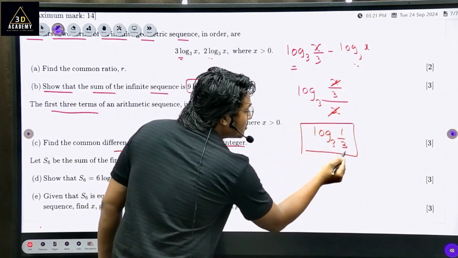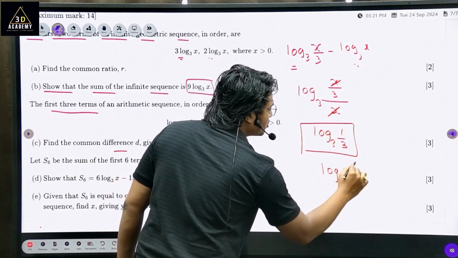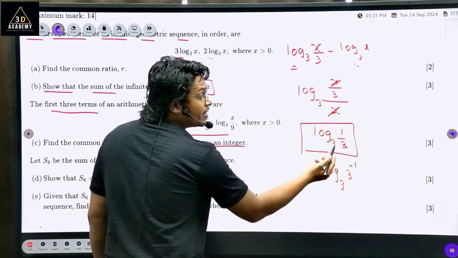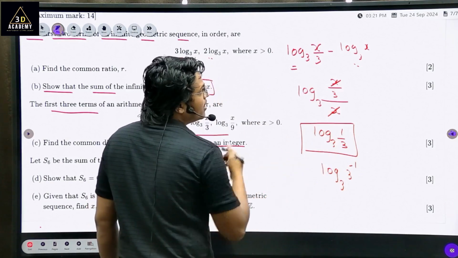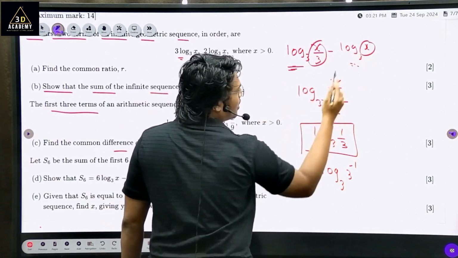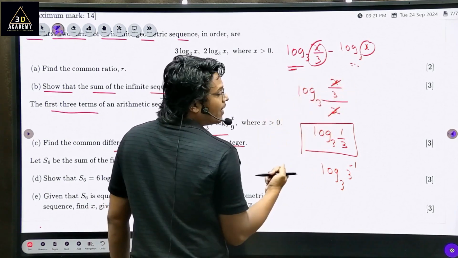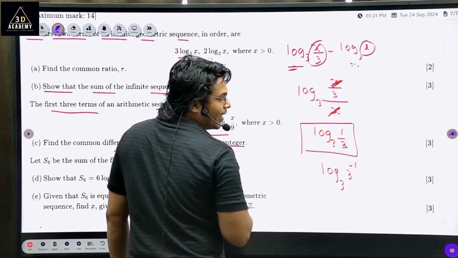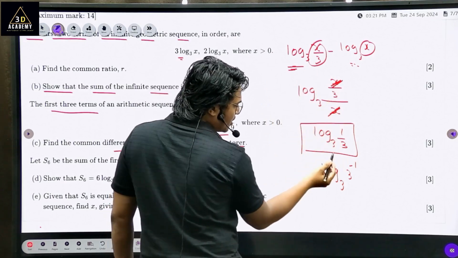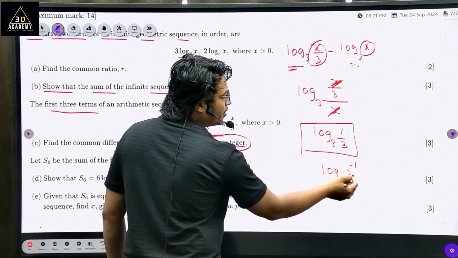Correct? Now this 3 you can take in the numerator. It will become log 3 raised to power minus 1, using the negative exponents law. What I have done: the first two logs were being subtracted, so I divided their numbers using the second property of log, log a upon b is nothing but log a minus log b. Then I cancelled out the x. Then I was getting 3 in the denominator, but they are asking for the answer as an integer, so I took the 3 to the numerator.